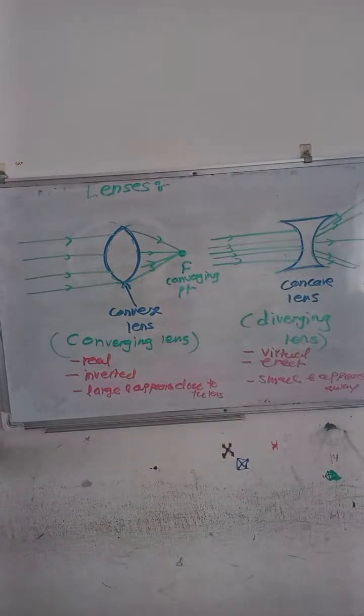These are the properties of the images formed by the respective lenses. So convex lenses form real, inverted, larger images very close to the lens, and concave lenses form virtual, erect, small images that appear far away.